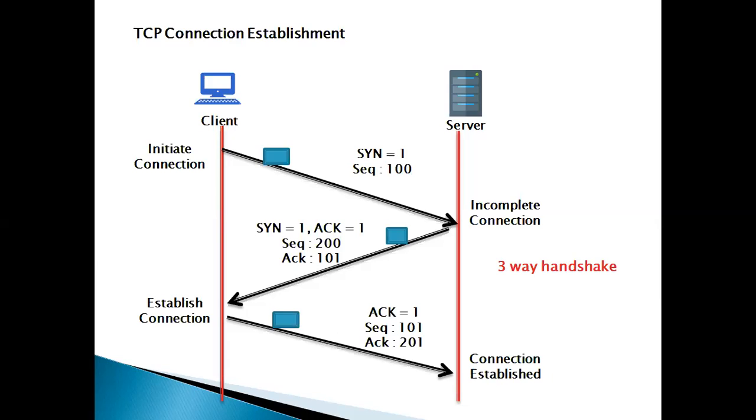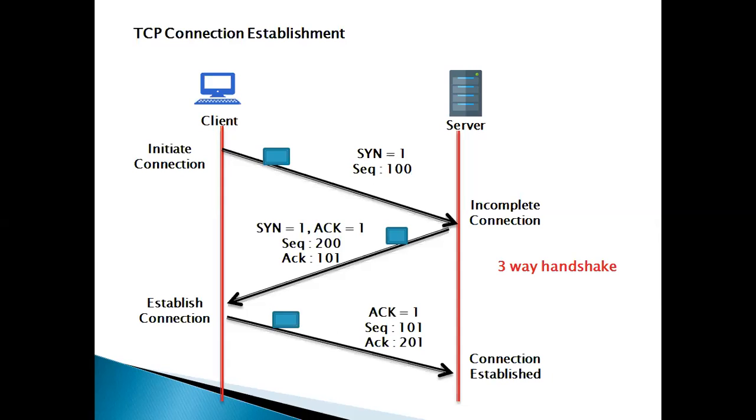With the help of the acknowledgement packet, the client receives confirmation from the server about the receipt of the first SYN packet. The acknowledgement packet contains the value 101, which shows that the server received the packet with the value 100 and is expecting the next packet from the client.